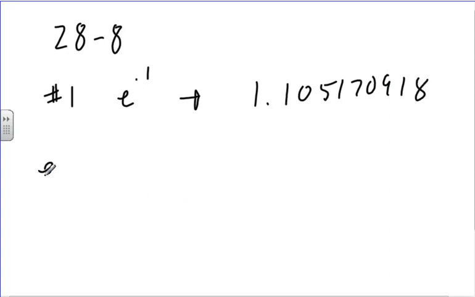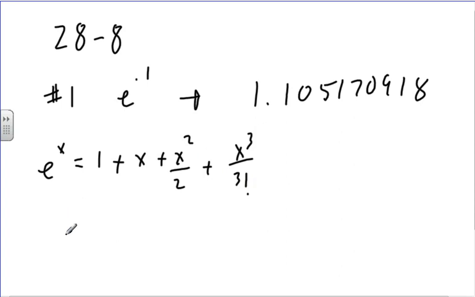Okay, but the e to the x series expansion is 1 plus x plus x squared over 2 factorial plus x cubed over 3 factorial, and it says to use the first 4 terms. So we want to go 1 plus 0.1 plus 0.01 over 2 plus 0.001 over 6.